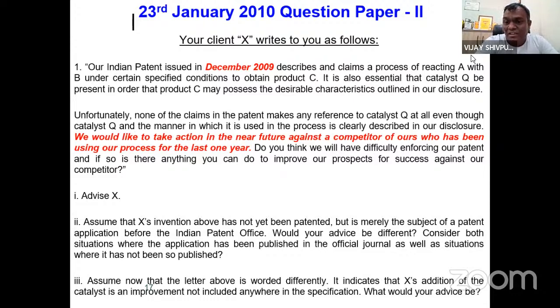Second, if it is not patented yet, if it is at the application stage, published and non-published, in both cases what would be your advice? And third, if that catalyst Q is an improvement which he made later.